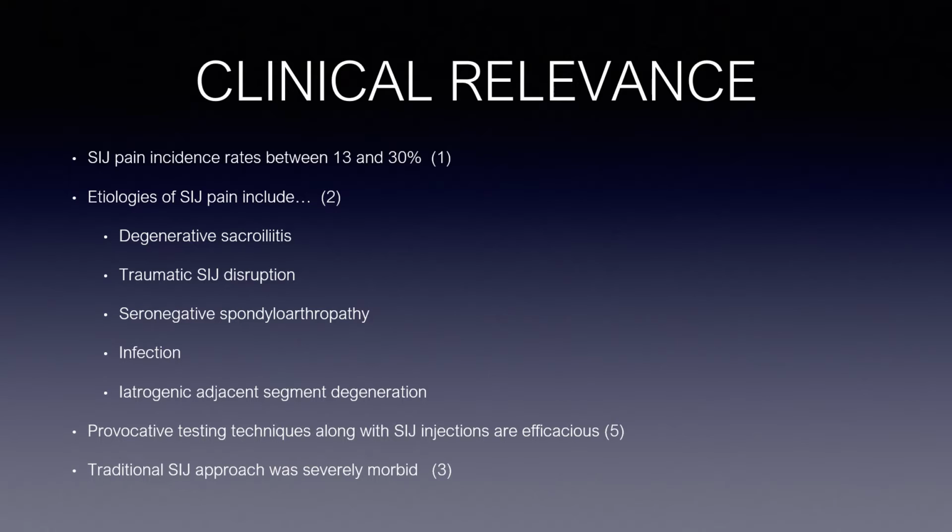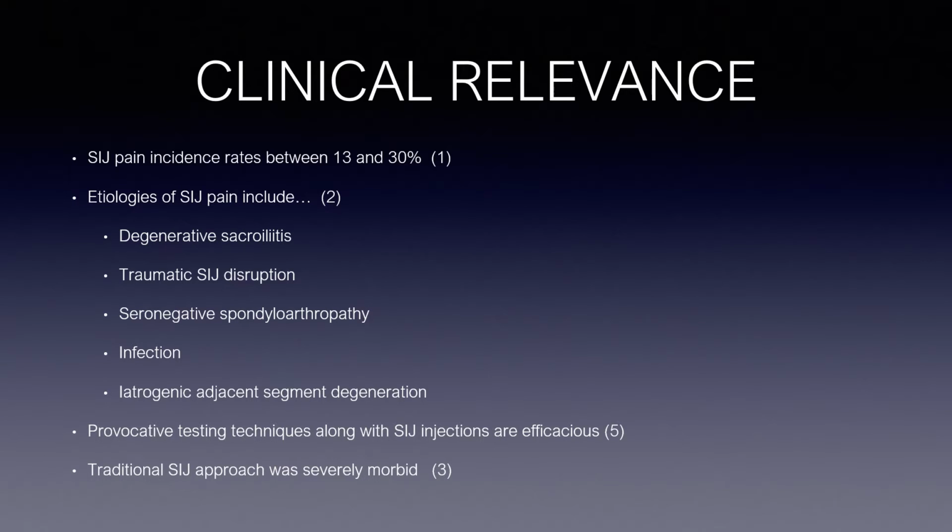And in all of those patients for diagnosis, basically we do provocative tests. And if the provocative test is positive, at least 3 of the 5 tests, we send them for injection.